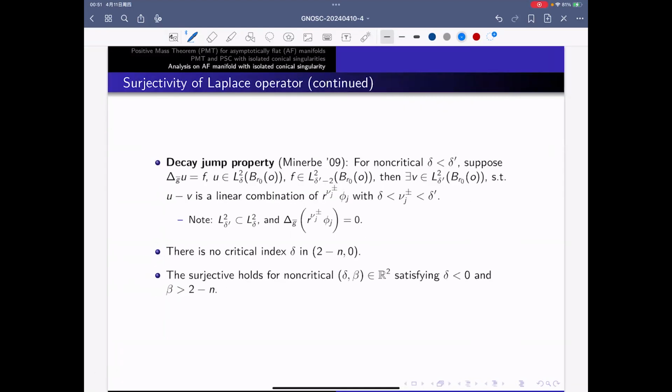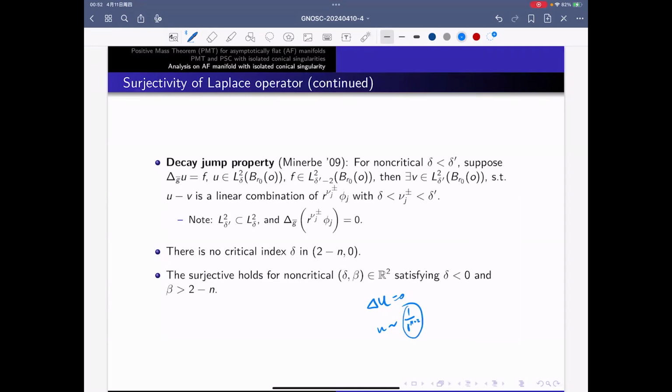So basically, for the non-negative mass, we need to solve the harmonic function so that u looks like 1 over r minus 2. This is basically like the Green's function centered on the conic singularity. So we start with this function.